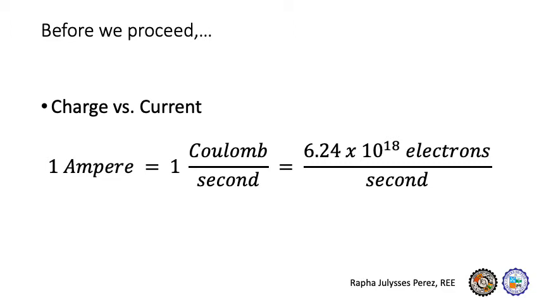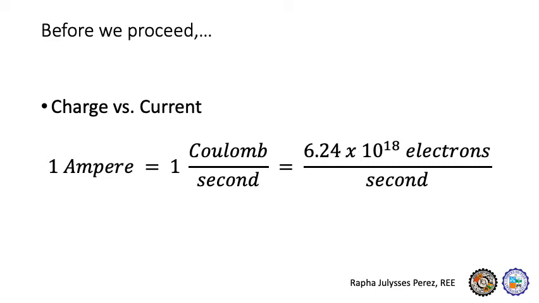And the basic unit of charge is the flow of electrons. So we cannot see electrons. The measurement for electron charge was obtained from laboratory experiments in the past, and it has been found out that for 1 coulomb of charge, there are 6.24 times 10 to the 18th power of electrons.